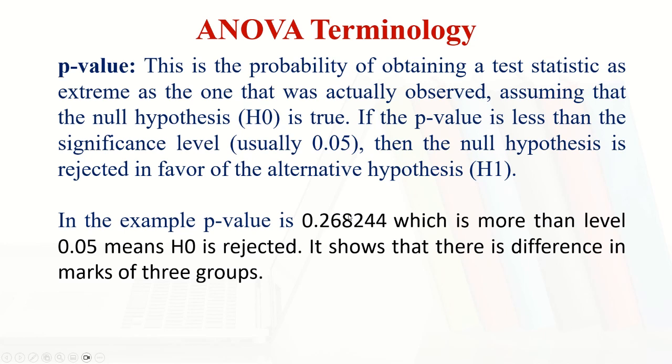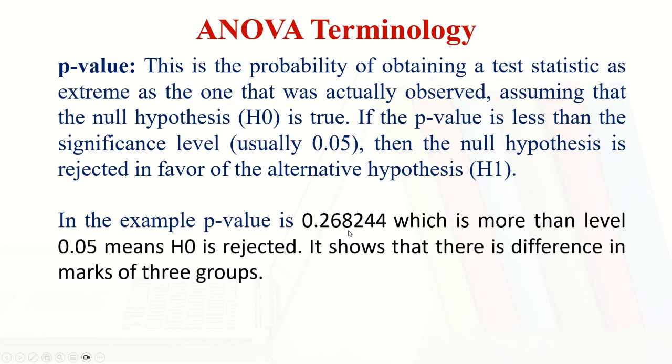For example, if I found that the p-value is 0.268244, and we compare this p-value with 0.05, then 0.05 is less and this is more.